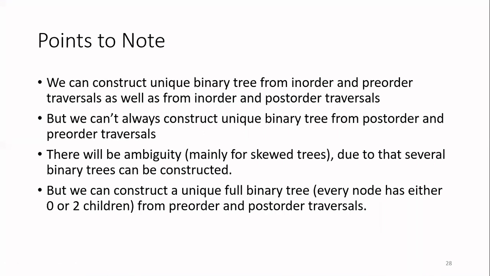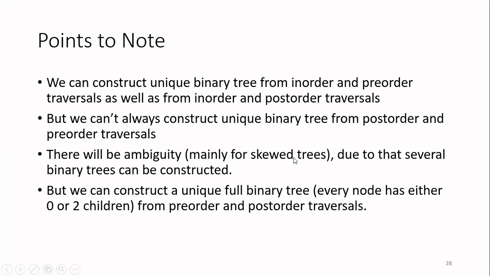Whatever procedure we have seen now for constructing the binary tree from post-order and pre-order traversal will not always give you the unique solution. That means two persons may get two different solutions if they work with the method we have seen for post-order and pre-order traversal. That is the drawback. This ambiguity will be there mainly for skewed trees.